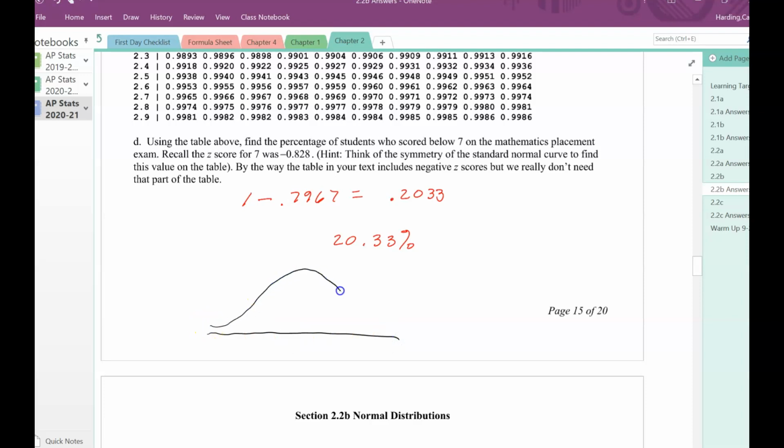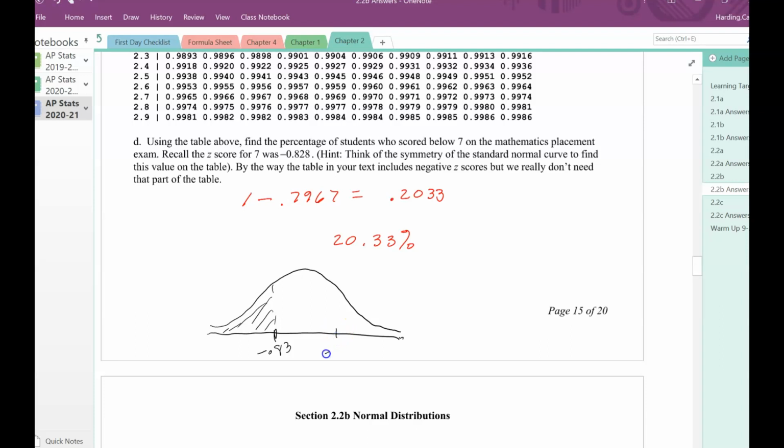So you'll notice that the table that I've given you in the middle of the activity has only positive values. If you had to find a z-score for 7, which was down here at negative 0.83, right? I wanted to know this percent of the data. You can still use just positives on the normal distribution table by thinking about symmetry.